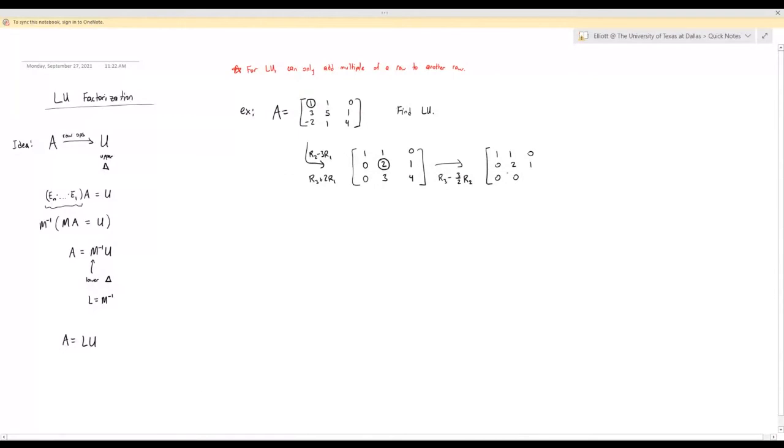Then for the last entry, you're going to do 4 minus 3 halves. So that's 8 over 2 minus 3 over 2, so it's going to be 5 over 2. All right. So here we've reduced A to an upper triangular matrix. So this is going to be our U in the LU factorization.